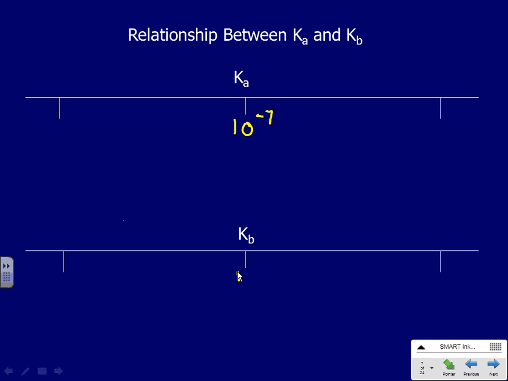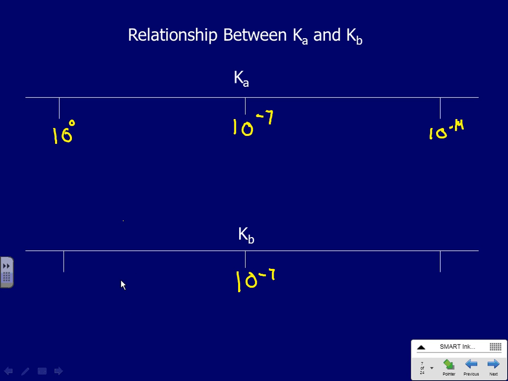Down here on the Kb scale, I'm also going to have a 10 to the negative 7. And up here on the Ka scale, I'm going to have a 10 to the negative 14. And all the way down here on my Ka scale, I'm going to have a 10 to the 0.